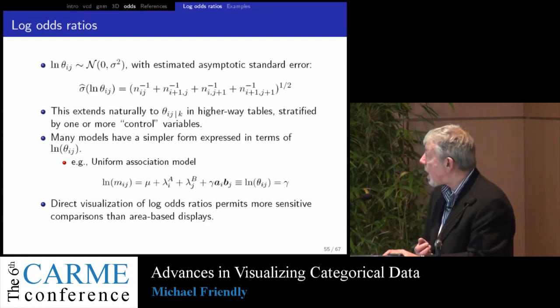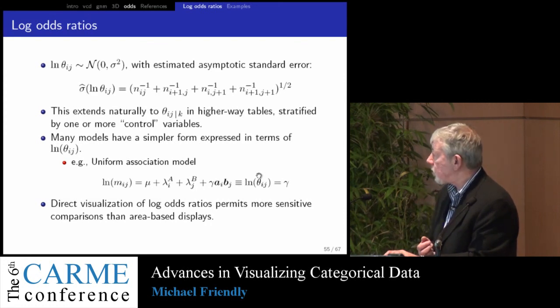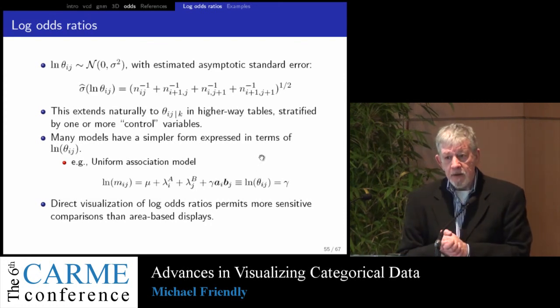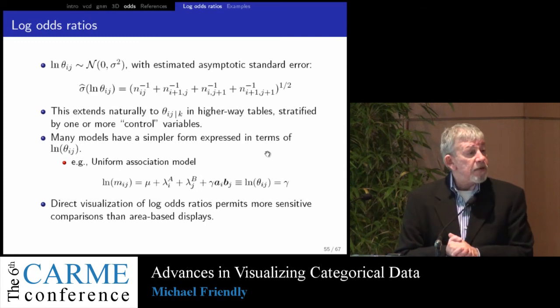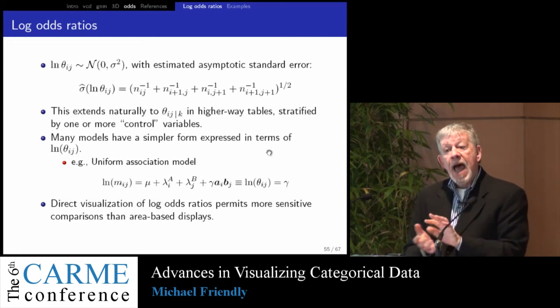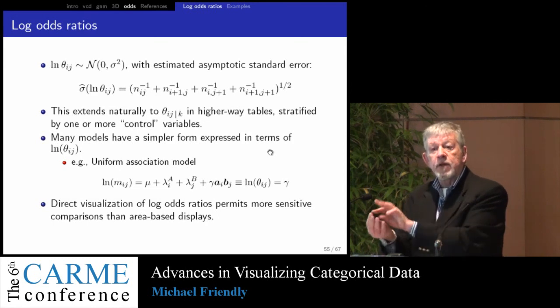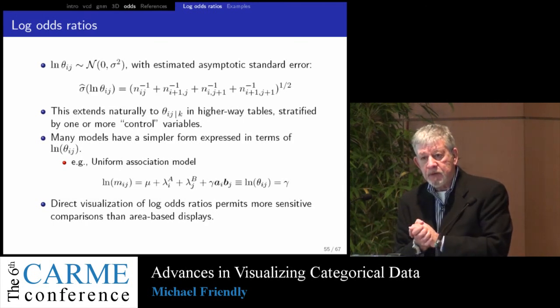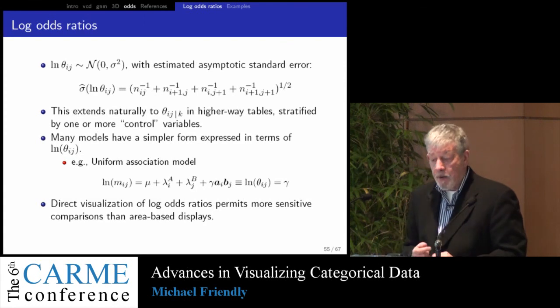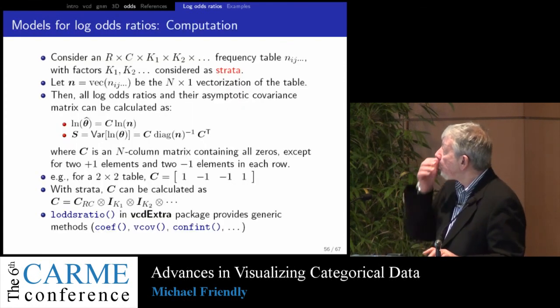It's a very simple model. A single number describes the whole pattern of association. And my point here is that direct visualization in terms of odds ratios actually provides a simplified way to look at patterns of association than area-based displays.